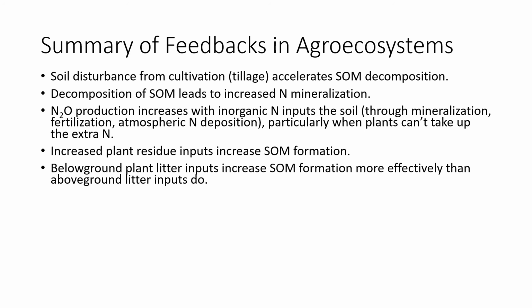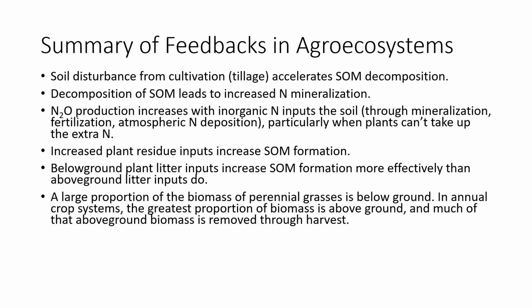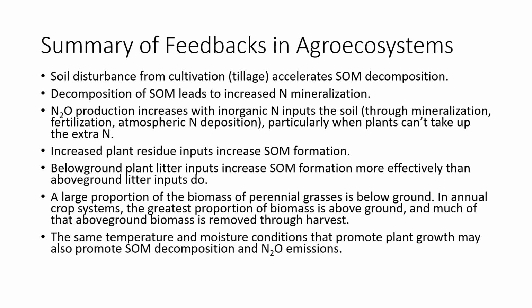And that's why the native grasslands can build up so much soil carbon when those deep roots turn over. A large proportion of biomass in perennial grasses is below ground, but in annual crop systems, the greater proportion of biomass is above ground, and much of that above ground biomass is removed through harvest.